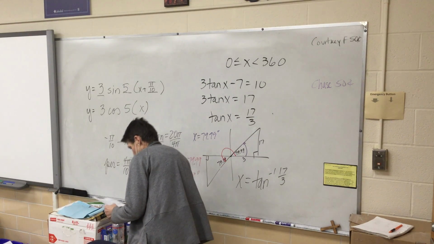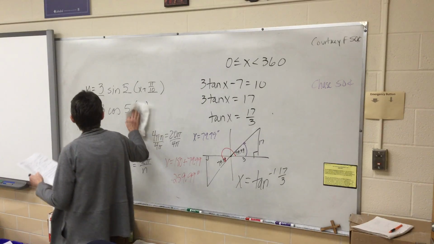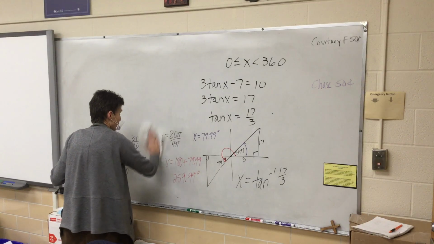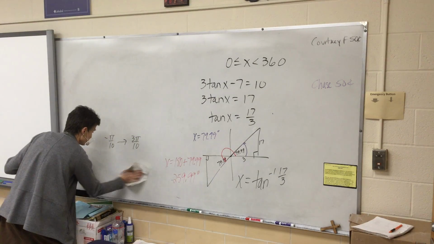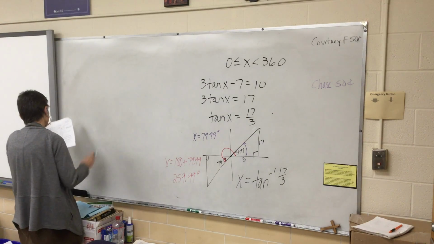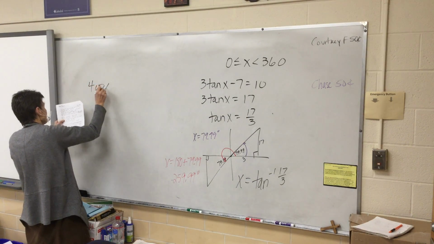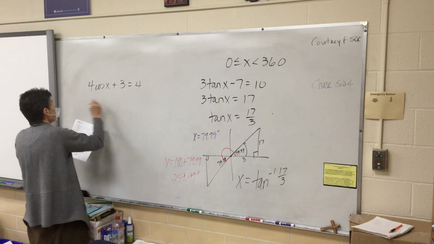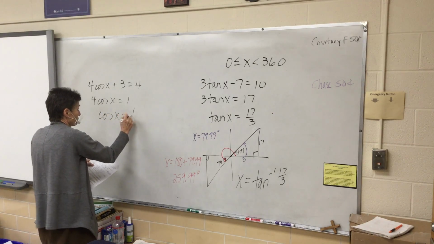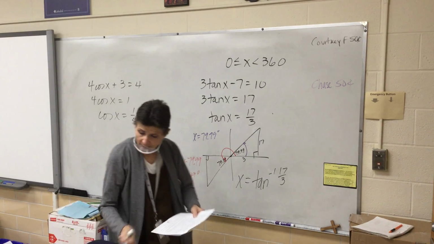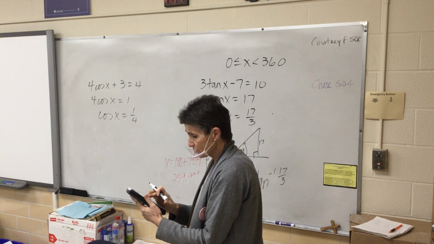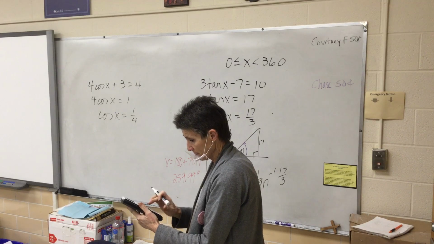Eight is also a calculator problem, and in fact, 8's the same thing, only in radians. So everything we just did, we're going to do exactly the same thing, except we're doing it in radians. So 4 cosine plus 3 equals 4. 4 cosine equals 1. I got cosine equal to 1/4. Now that's important because that tells me where to draw my triangles.